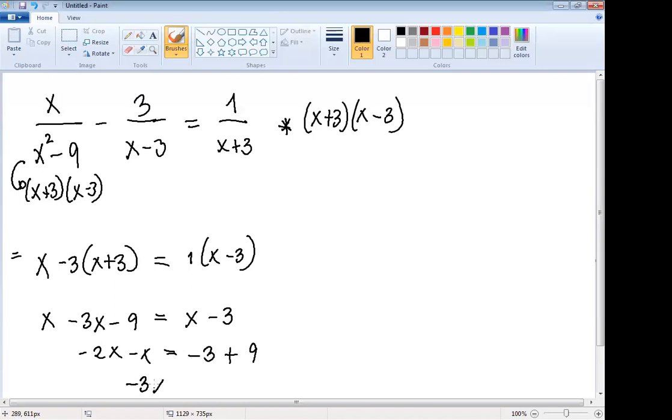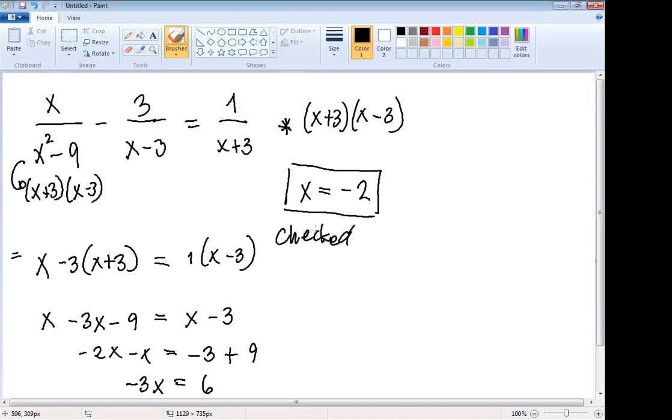So negative 3x equal to positive 6. Therefore, our x is equal to negative 2. So this is the value of x. Let's try to check.